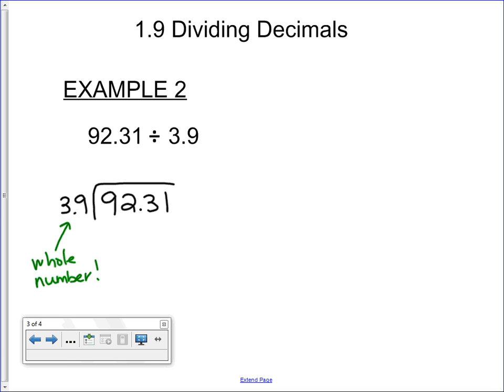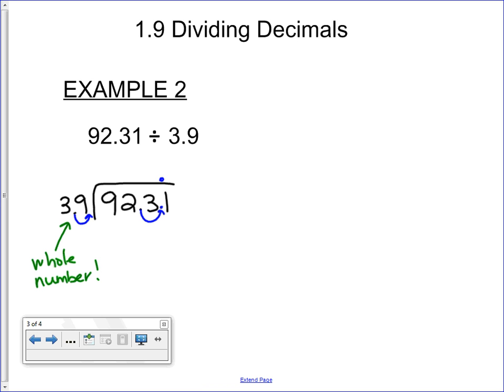Okay, so if you remember, in order to make 3.9 into a whole number, we have to multiply by 10 or move that decimal one place to the right. And in moving that decimal one place to the right, we need to move the one inside to the right. Okay, and then we bring it straight up into the answer.